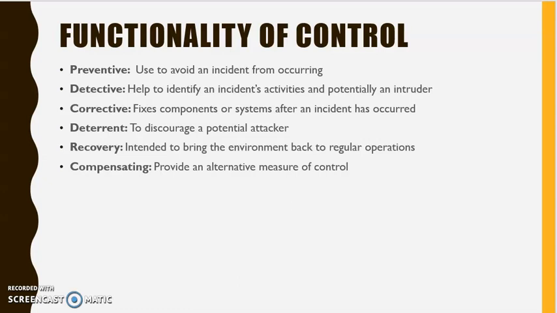Now the next is the functionality of the control, where we say the preventive control is used to avoid an incident from occurring. So it is a preventive control. If I give you an example, an unauthorized person enters into the office premises.